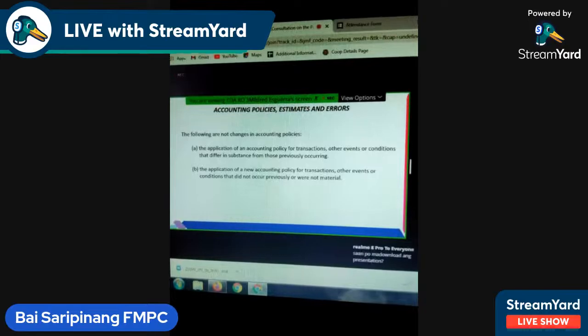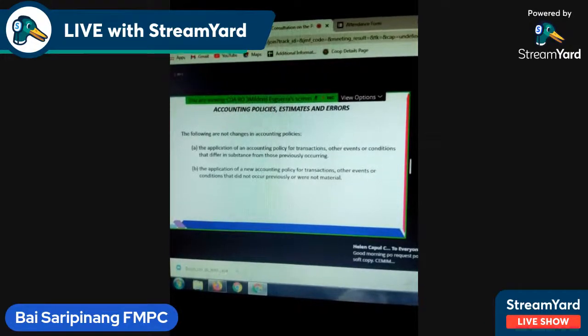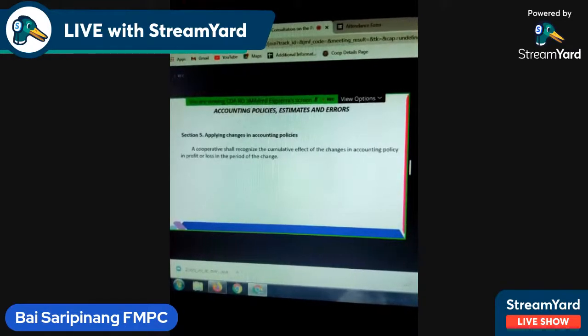So, bago siya, hindi siya changes. And then the application of a new accounting policy for transactions, other events or conditions that did not occur previously or were not familiar. So, bagong-bagong accounting policy naman ito. So, hindi po changes ito. They are not regarded as changes.